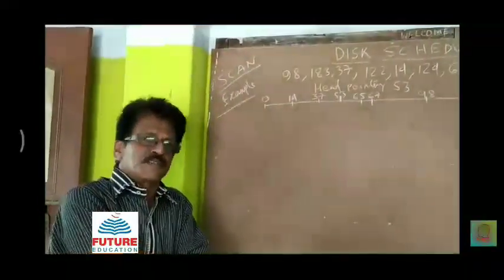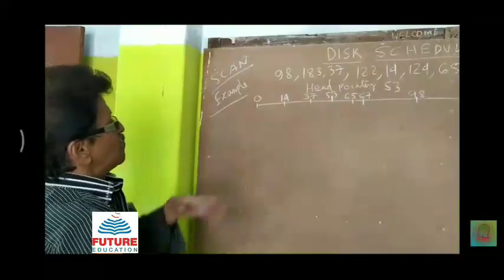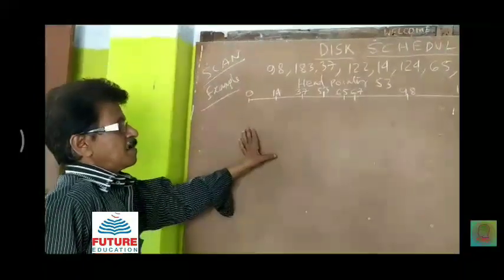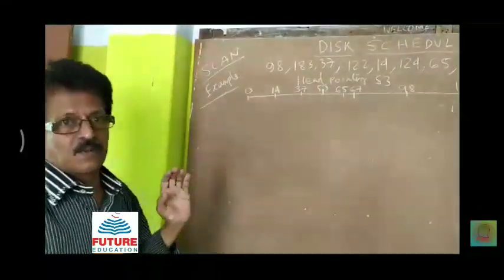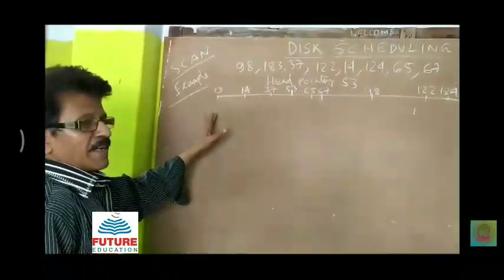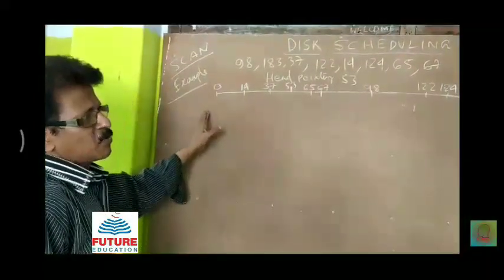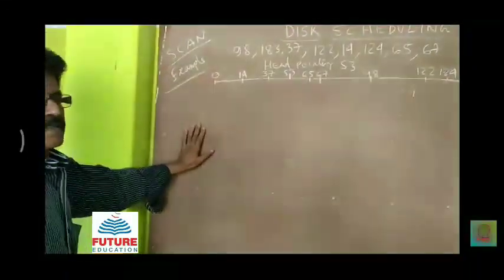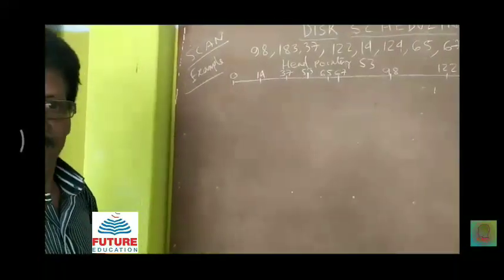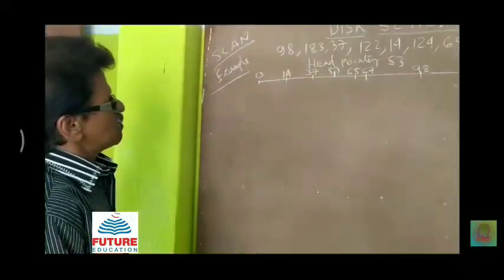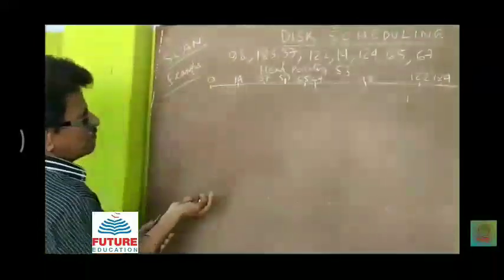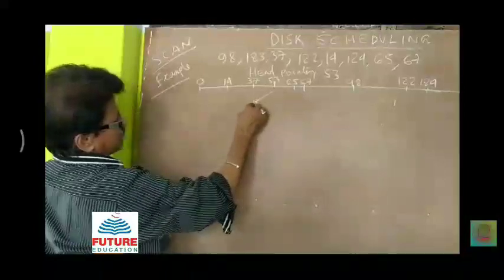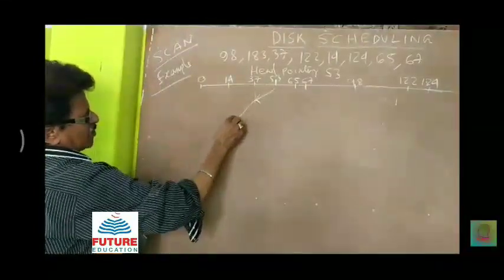Before discussing CSCAN, we have to understand the SCAN algorithm. The SCAN algorithm states that from the current head pointer, we have to go to one end of the disk, then again move forward. Thus, this algorithm is also known as the elevator algorithm. So, starting from 53, we find the nearest is 37, then the nearest is 14.